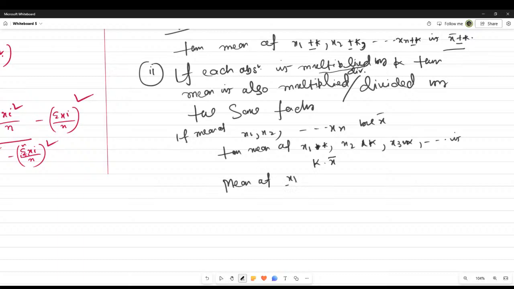The mean of x1 by k and so on is x bar by k. It's like this.